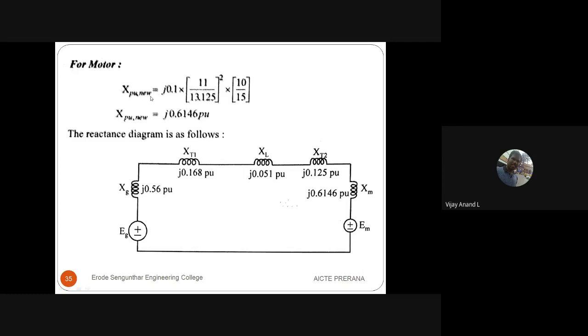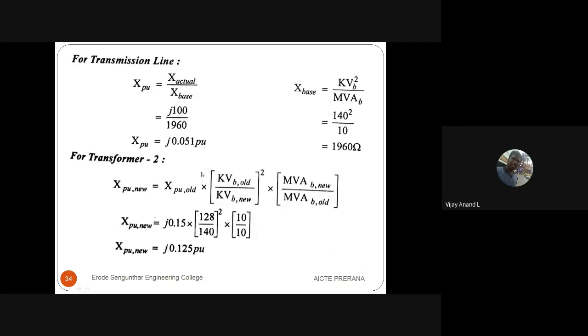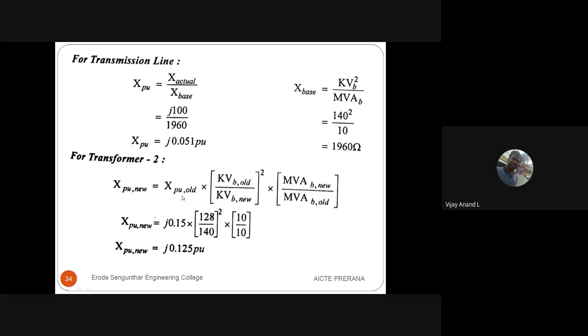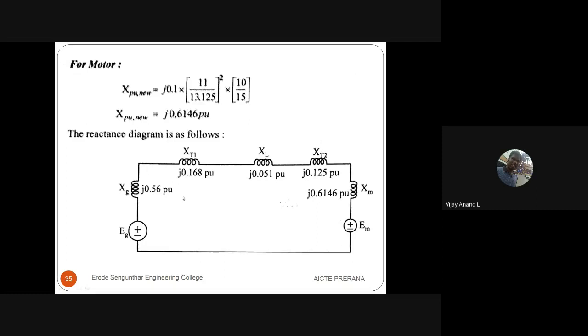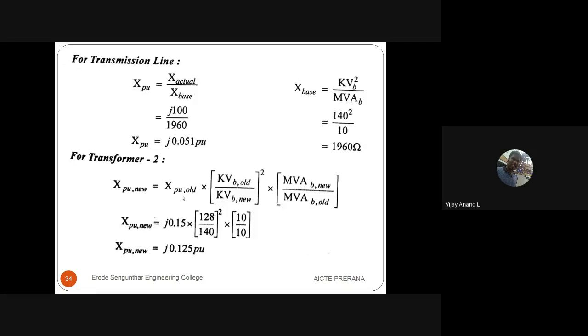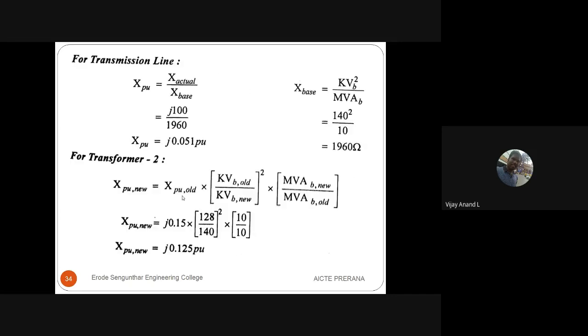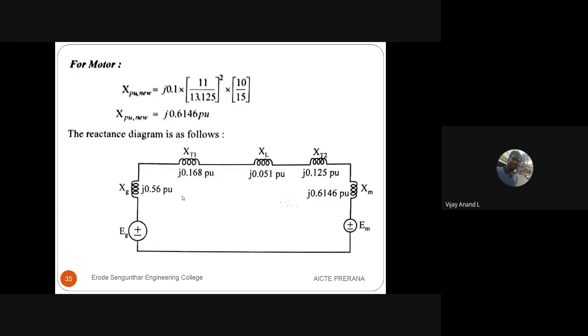That is XPU old into KVB old divided by KVB new, the whole square, into MVAB new divided by MVAB old. The same values have to be substituted here. The XPU old value is j0.1 into KVB old value 11 divided by KVB new value 13.125, which should be squared, and the MVAB new value is 10, MVAB old value is 15.